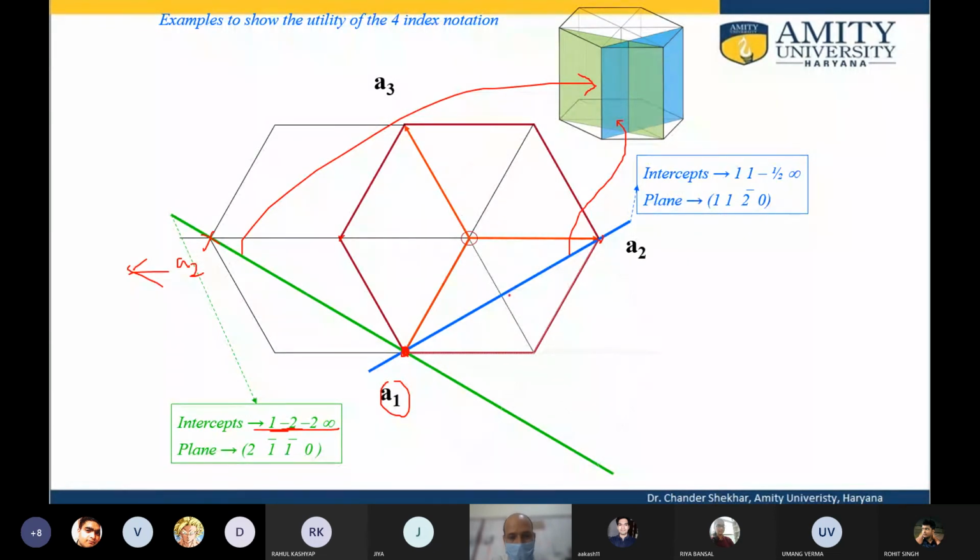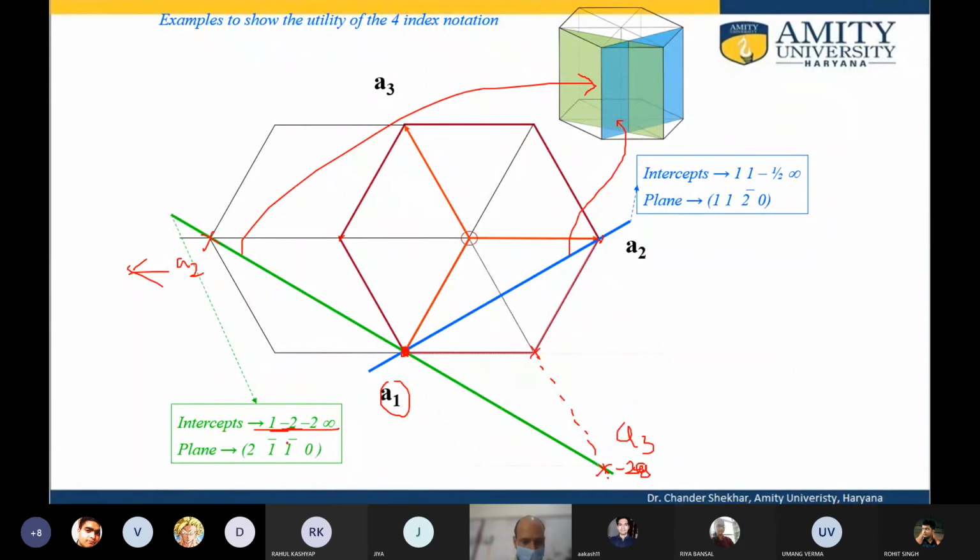This is for A2, the negative direction, so -2. And for A3 also, it will intersect at -2 along the A3 direction. Okay, so this is 1 and this is 2, so -2, and this is parallel to the vertical axis, the C axis, and therefore it meets at infinity.